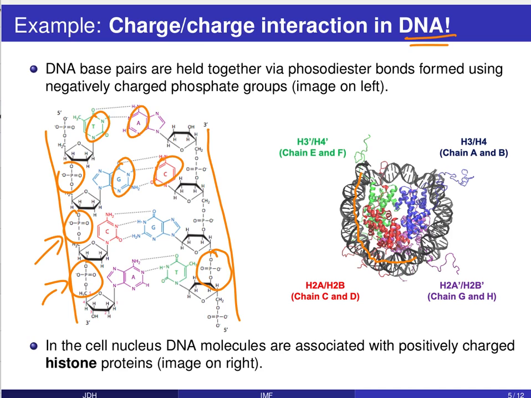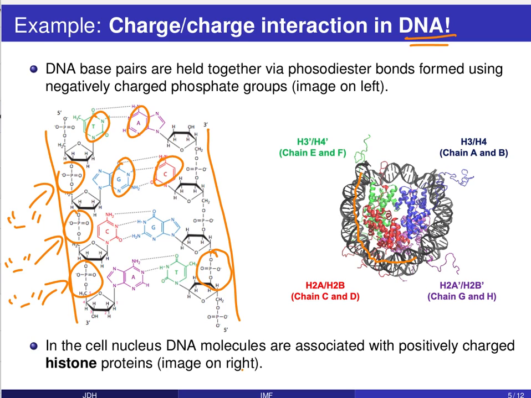And if you look closely at these phosphate groups that are linking together a single strand of DNA, that then pairs with its complementary strand on the other side, that single strand is held together by these phosphate groups that all have a negative charge on them. So the DNA molecule naturally has a negative charge. It's an ionic compound.